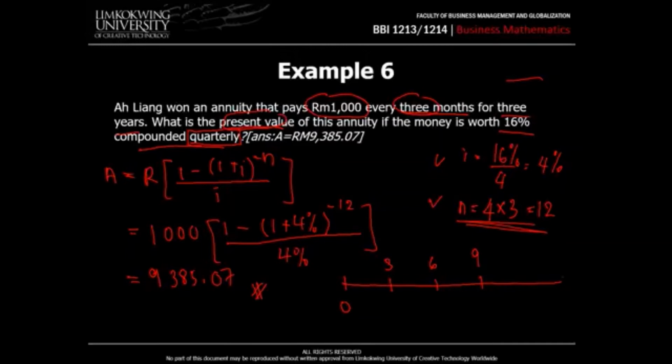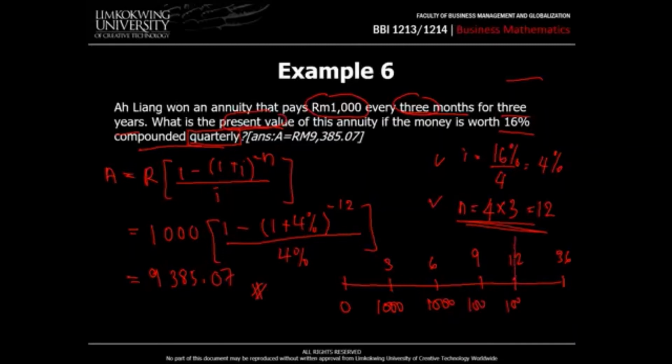So 3 years, how many months? 36. So every 3 months he invests 1,000.